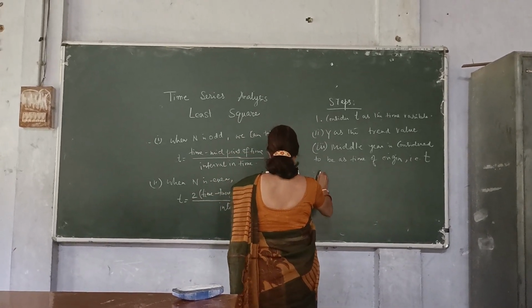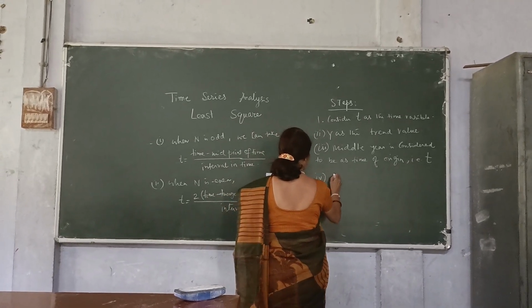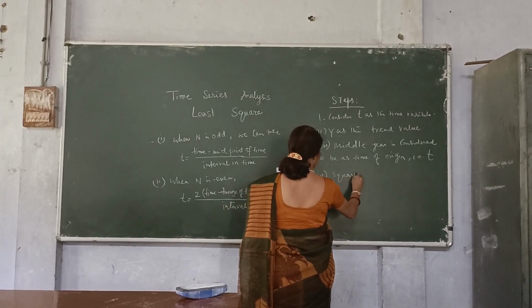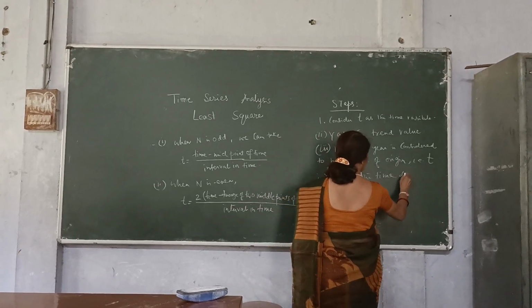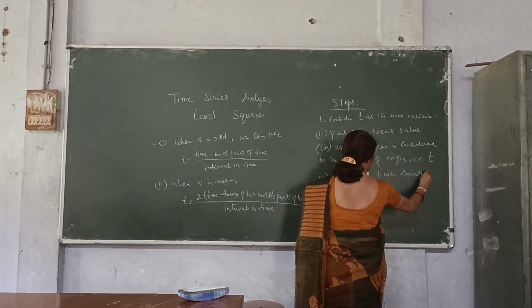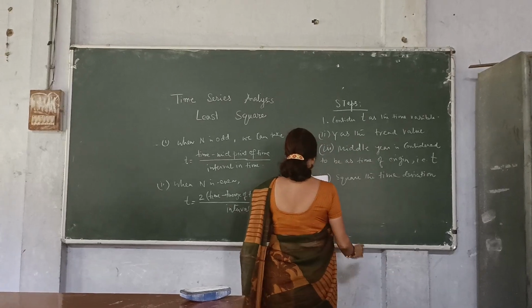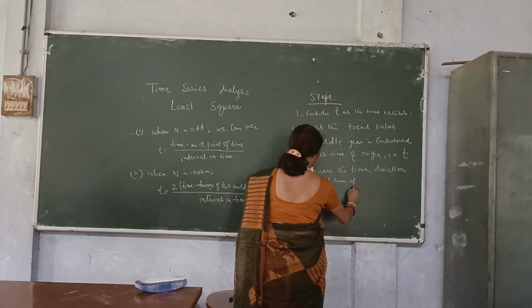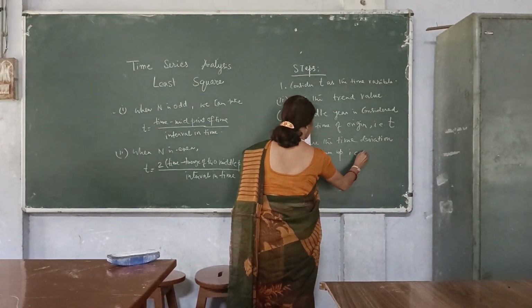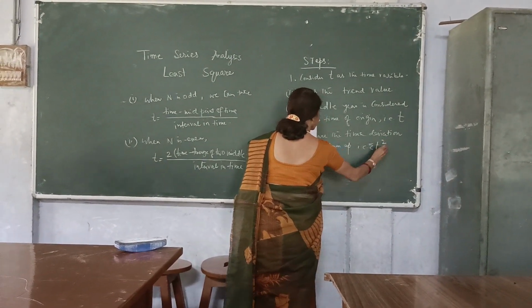Then number 4, square the time deviations and sum up. That is summation of t square.